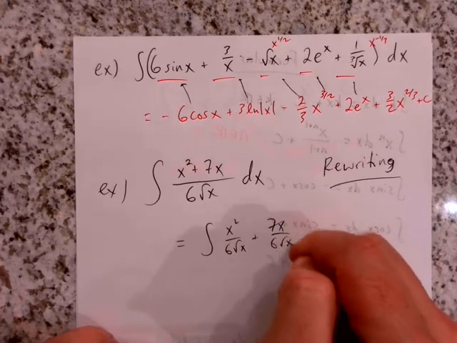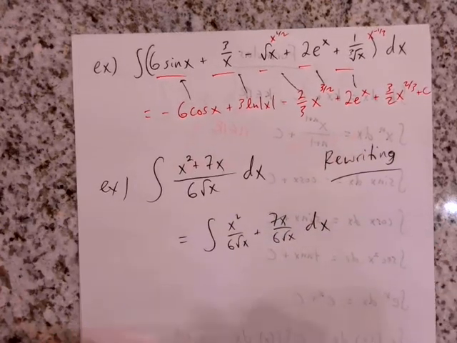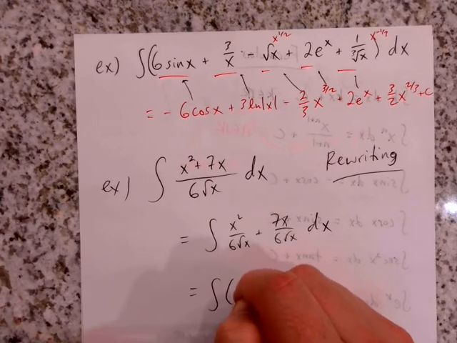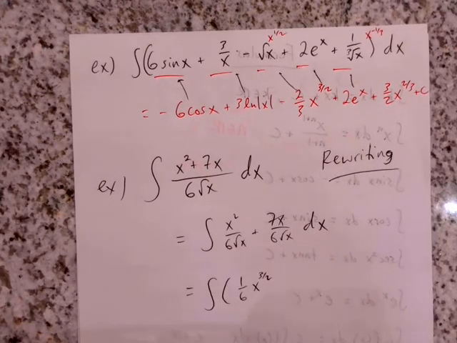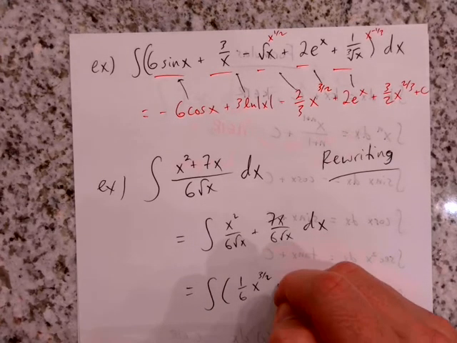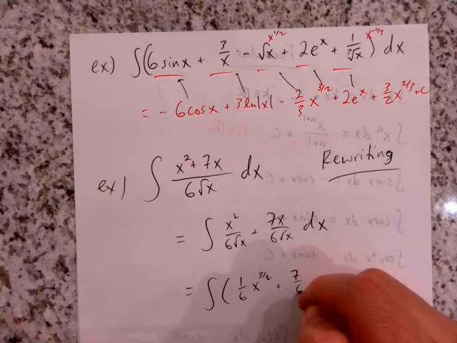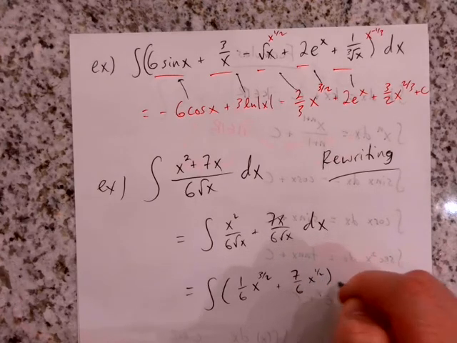So we'll break it up this way, and then we will divide. So x squared over 6 root x is 1 over 6, x to the 3/2. Right, because you subtract your exponents. 7x over 6 root x is 7 over 6, x to the 1/2.